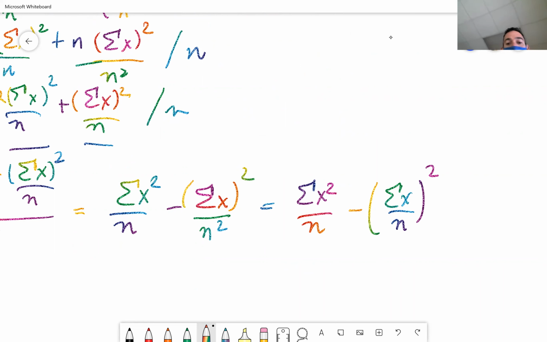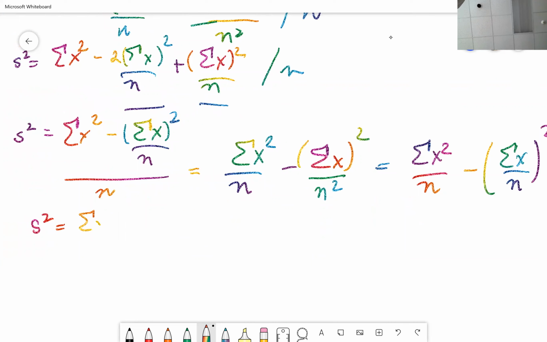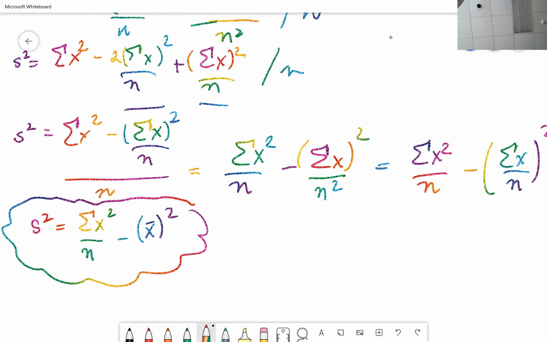And so now this becomes finally that s squared equals the sum of x squared divided by n minus x bar squared. And this is the way the book wants you to do the shortcut to the variance.